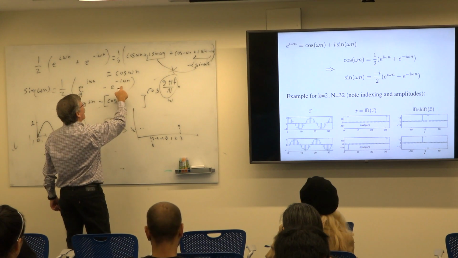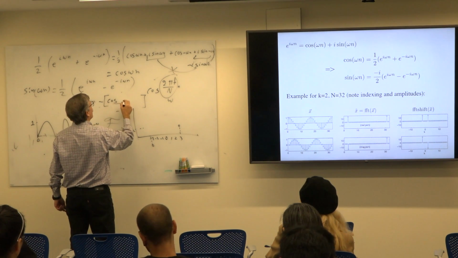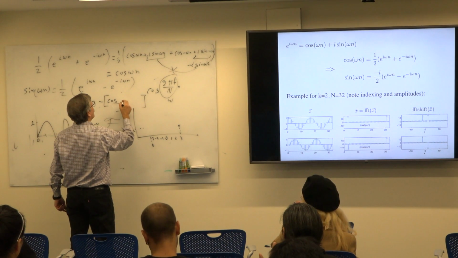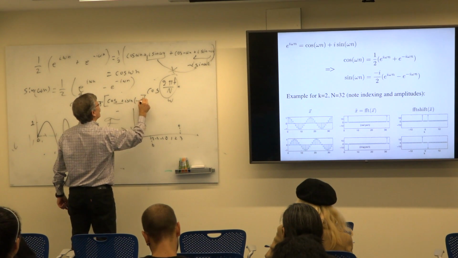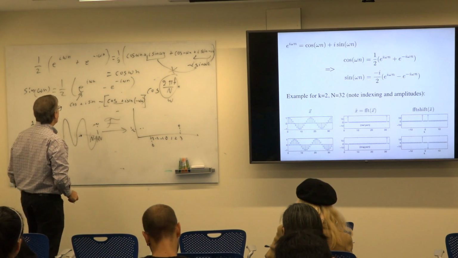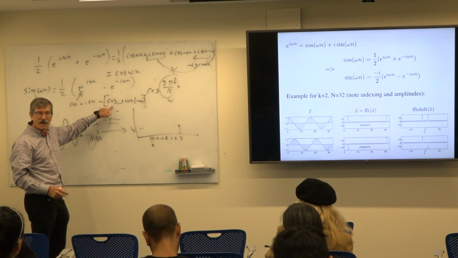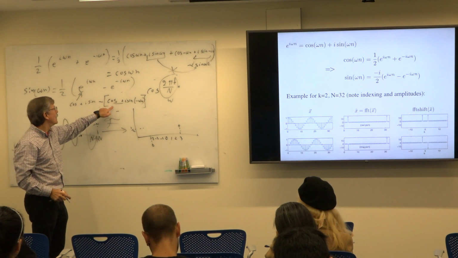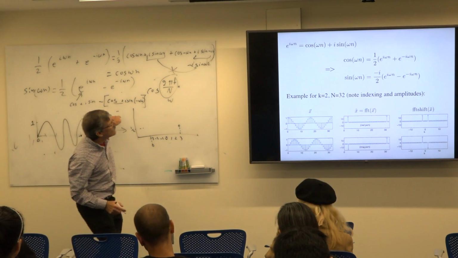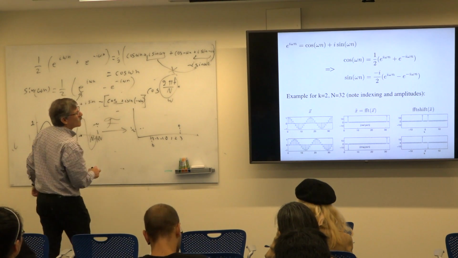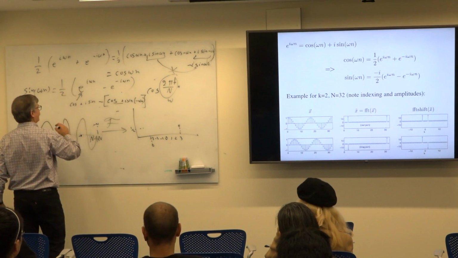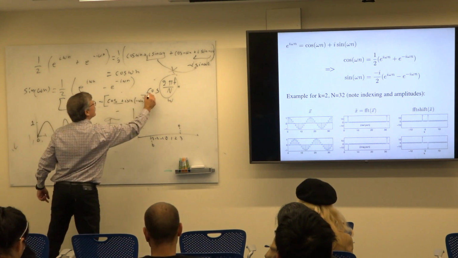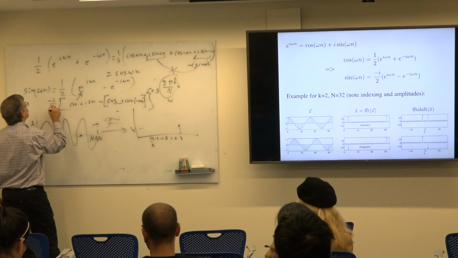And now this one I'm going to write down because we're going to need it. It's going to be plus I sine negative omega n. Okay? So we got the cosine minus the cosine. They're going to cancel now. I left out the I over 2. Sorry, all of this times minus I over 2.